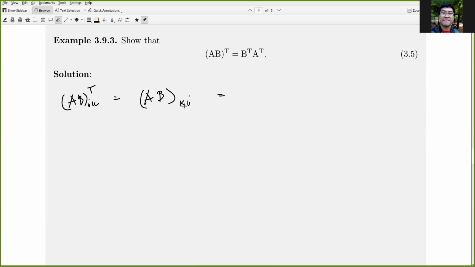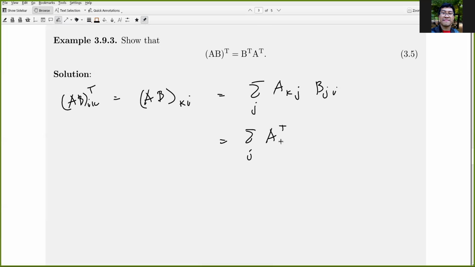If we expand this matrix element of the product AB, we introduce an index J. You have A_kj B_ji.